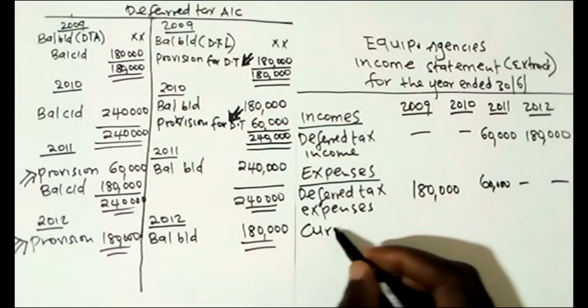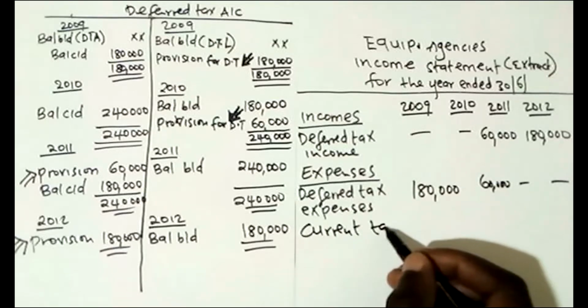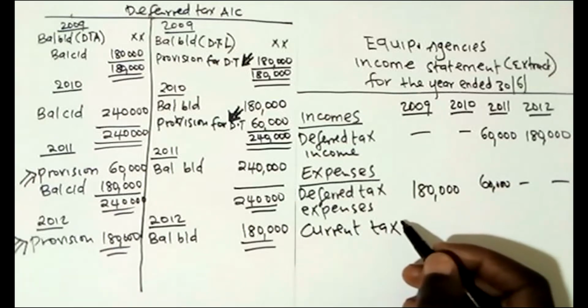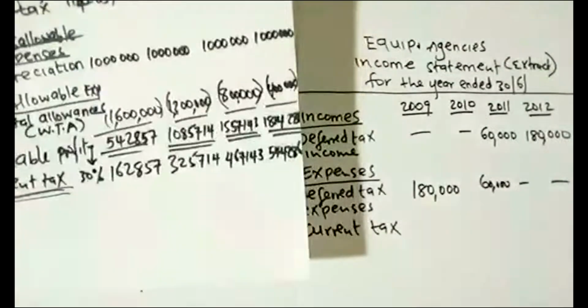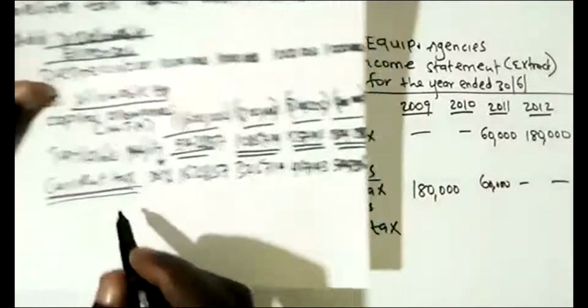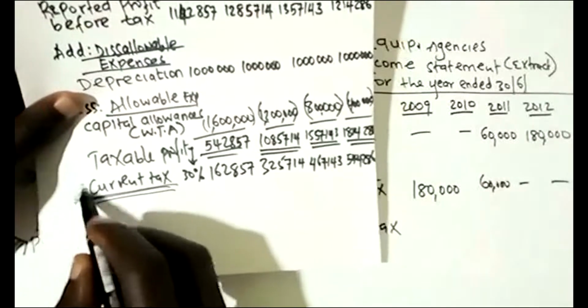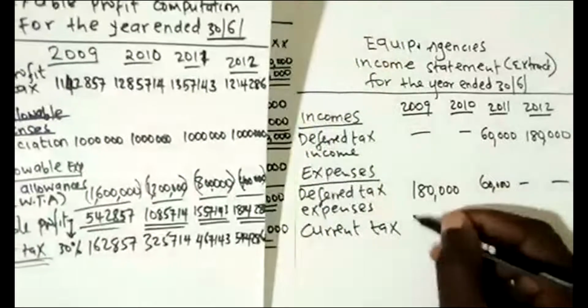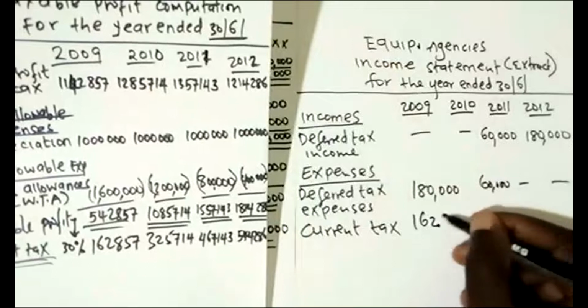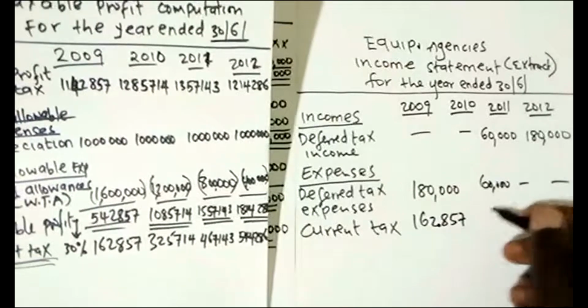Then we were having a current tax, which is an expense. The current tax, we did it from our taxable profit. So I can copy from my taxable profit this current tax. So we have 162,857.